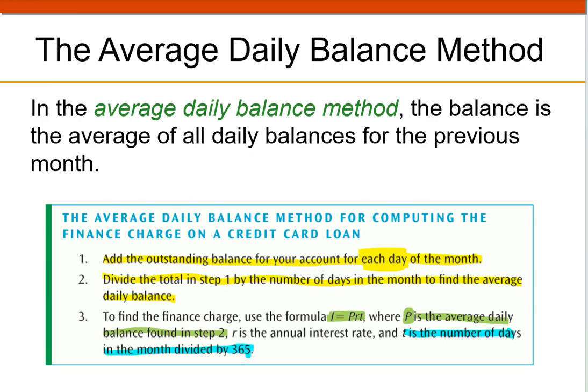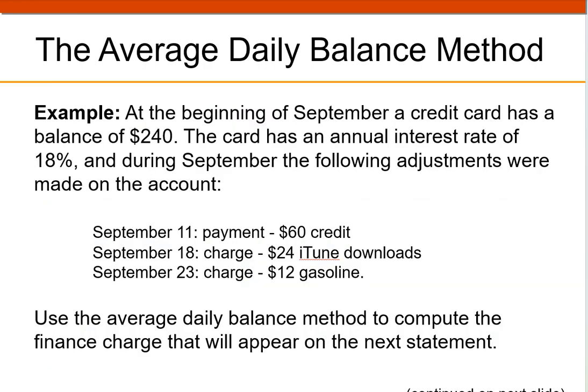So if you're in the month of April, there are 30 out of 365 days in the year for April. You can't do it for one month because not every month is the same. Some are 30, some are 31, and then there's February, right?